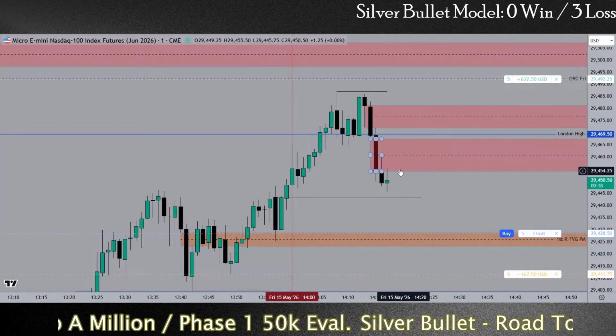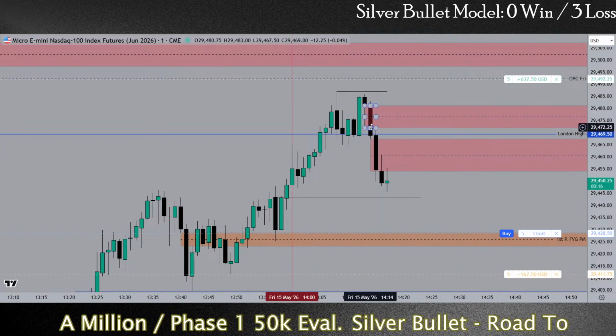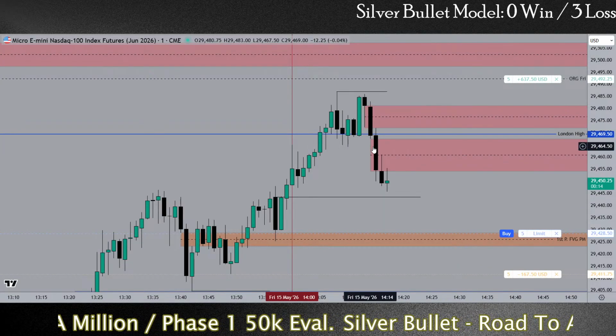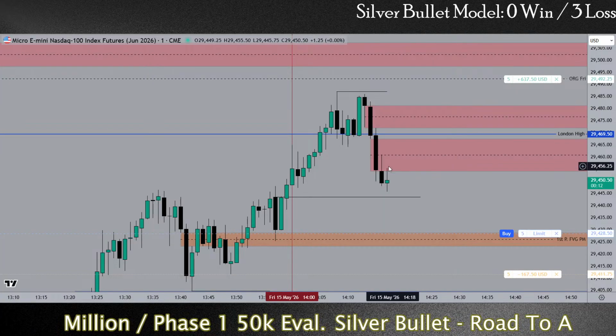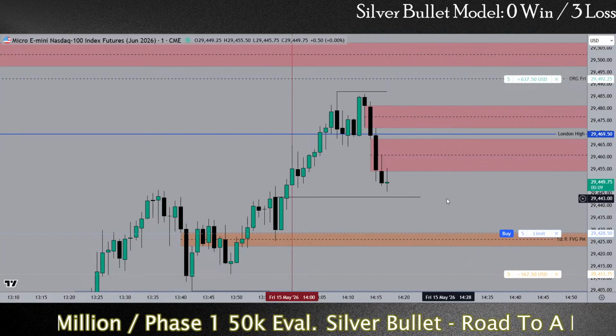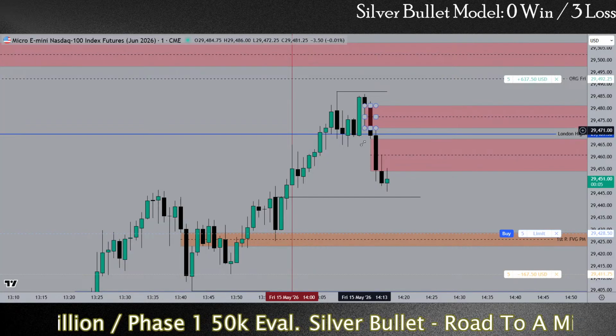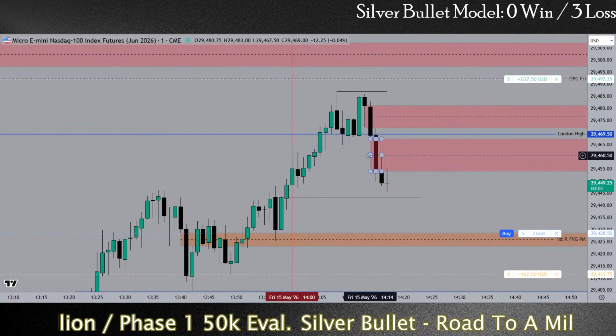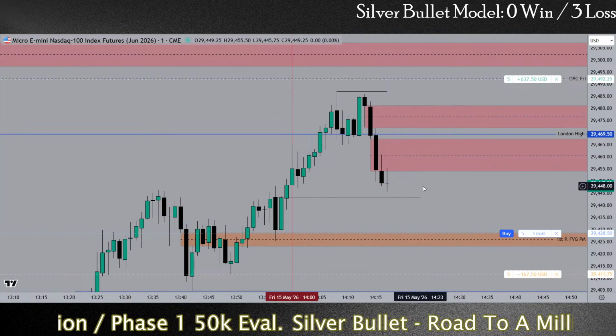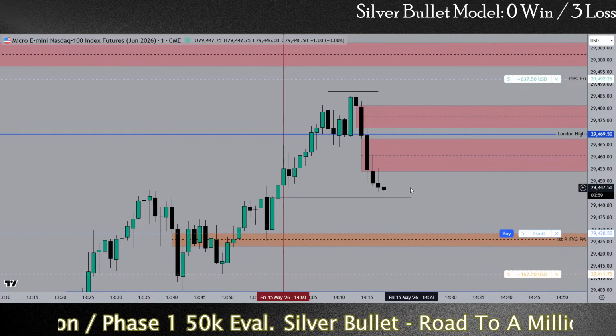Alright, so these two inefficiencies in here after the first 15 minutes may bring something to the party. We'll see what it will be, but that offers a little bit of hope that the PM session might deliver some little run here and there.